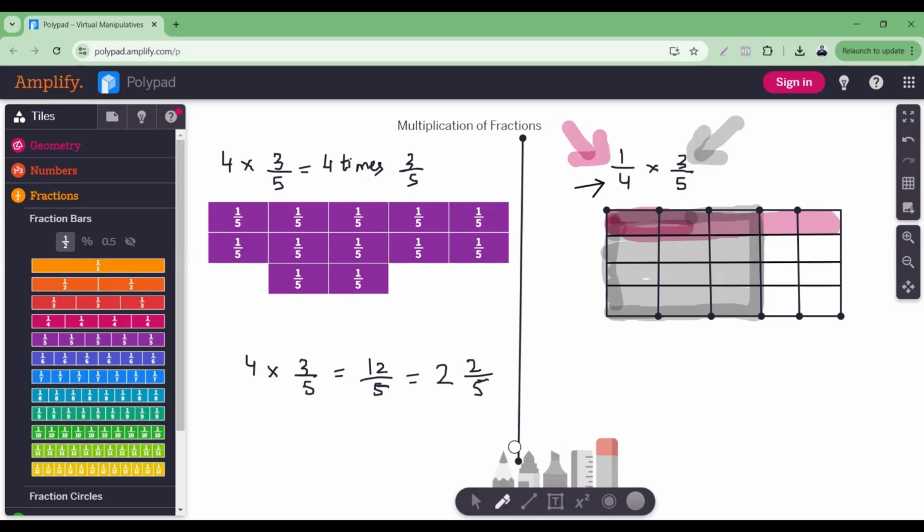That means the 3/5 itself was from here to here, correct? 1/4 of 3/5 it is. That means inside this 3/5, 1/4 means the pink color. How much is the pink color? Only this box, and this box. Only these three boxes are there. Correct? So these three boxes is what our answer represents.